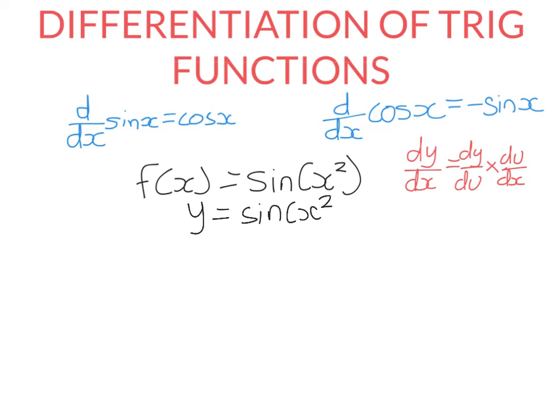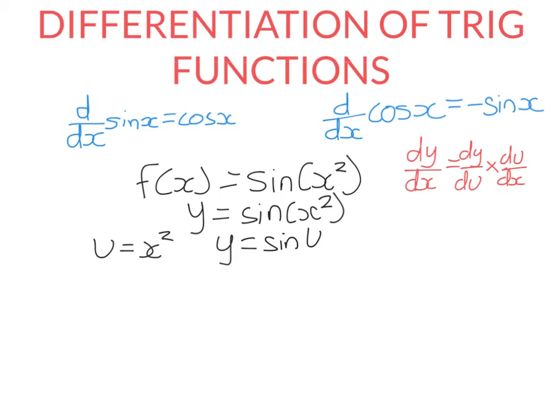So similar to what we did when we were differentiating exponentials, going to let u be the thing with x's in it. It's going to be the function inside the brackets. So here, u is going to be x squared, and that means that y is equal to sine of u. So to use this formula here, we need to know dy/du and du/dx.